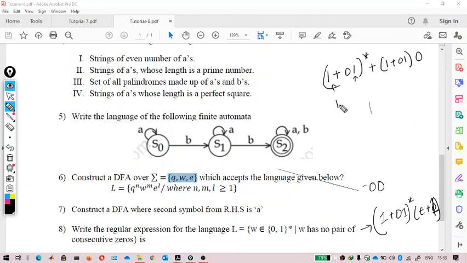So you can now simplify this term as 0 1, and you can take this as common, and see what you will get from this side. It will be 0 plus 1 star, and then epsilon plus 0.